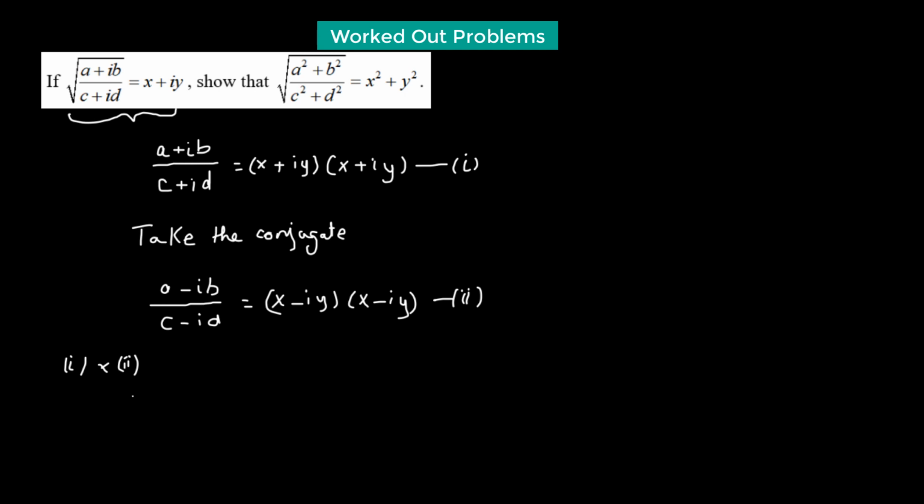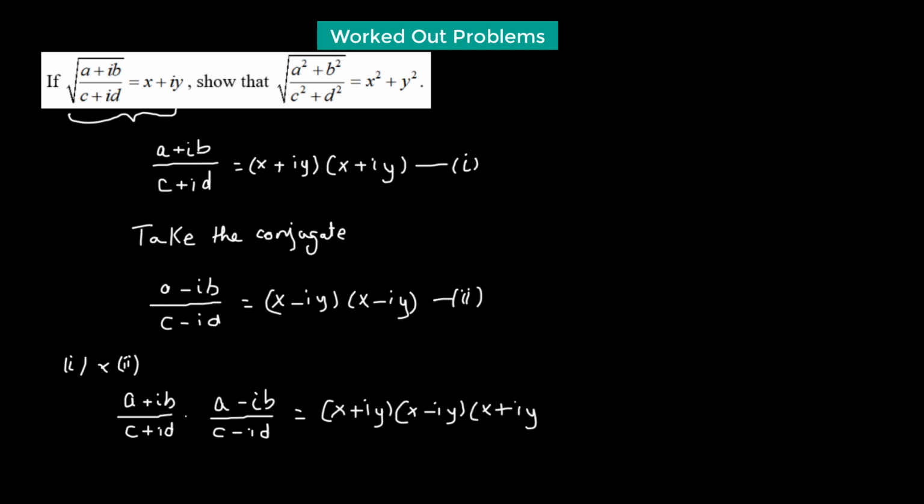So that should give us (a + ib)/(c + id) times (a - ib)/(c - id), which is equal to (x + iy)(x - iy) times (x + iy)(x - iy).